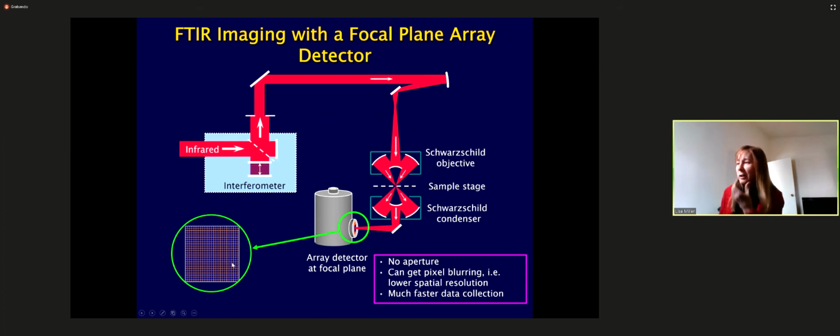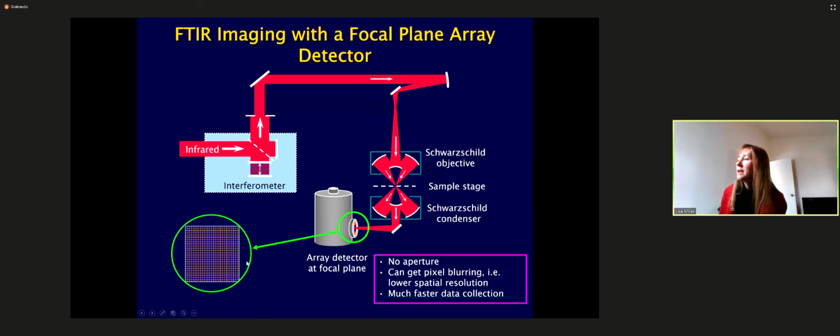So that's very different because you get many pixels at a time. The infrared microscope I just showed you will give you 128 by 128 pixels all at the same time. We don't fill that many. We probably fill about half of that, but it gives you the advantage of being able to take data faster, but you do get some pixel blurring, and so it's not quite as quick. This type of infrared camera is very much like just a digital camera that you have, except it can do infrared spectroscopy.